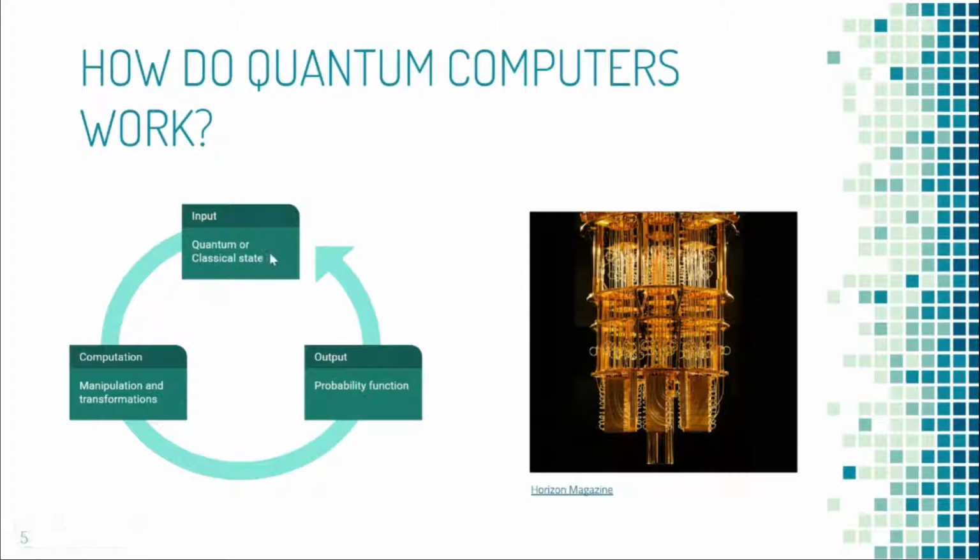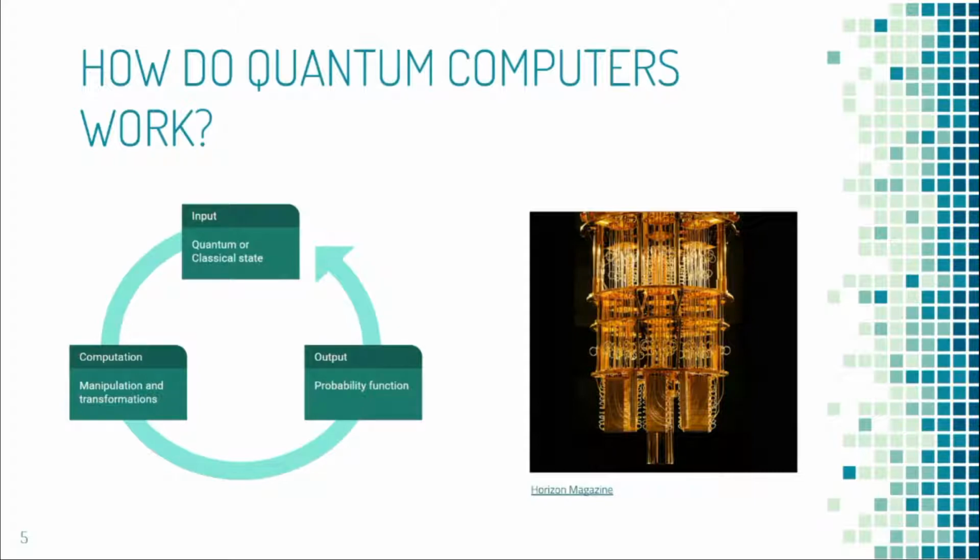So a quantum computer will accept the input of a quantum or classical state, and then it will perform manipulations or transformations on the amplitudes, which were the A and B of the qubit state.